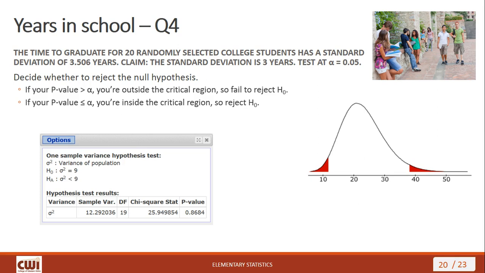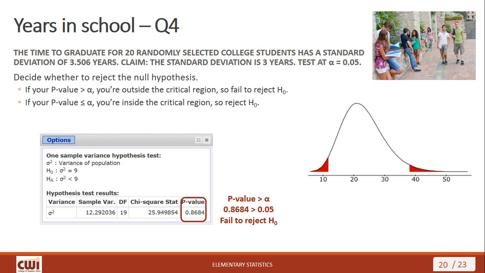It's the last number listed there in the results window. When we compare 0.8684 to 0.05, we find that our p-value is greater than our alpha. Therefore, the area for our p-value cannot fit within our critical area, which is our rejection region. Therefore, we fail to reject H0.